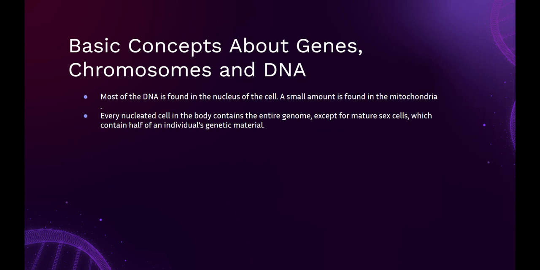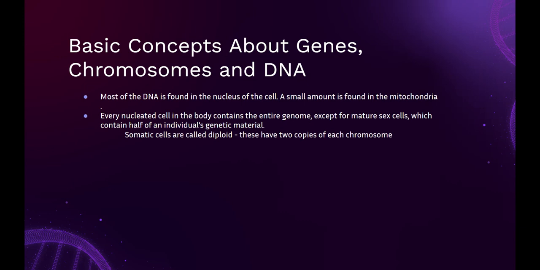Even though it only expresses a few traits that are very specific to its type of cell or tissue, it has the whole script for the entire production. The only ones that don't are the mature sex cells, spermatozoa and ovum, and they contain half of an individual's genetic material. Somatic cells, every cell that's not a sex cell, are called diploid.